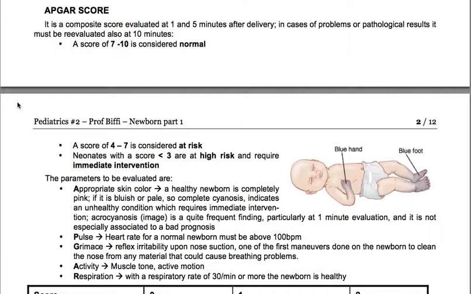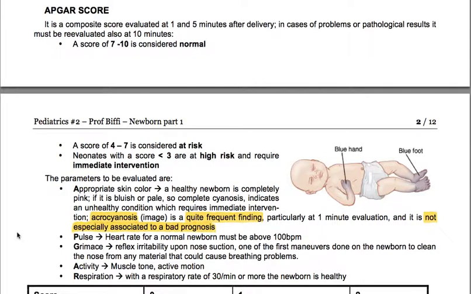Acrocyanosis, which you see in the image, is a quite frequent finding, particularly at the 1 minute evaluation, and is not especially associated to a bad prognosis. So acrocyanosis is not that bad. Quite frequent, not particularly associated to a bad prognosis.